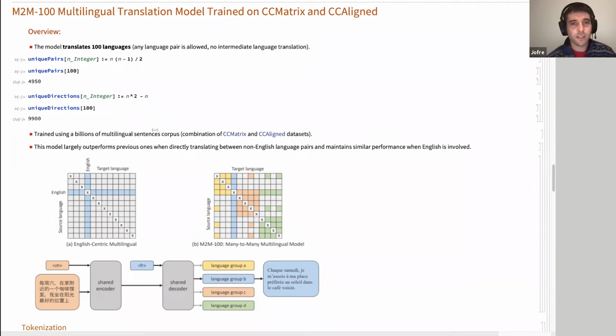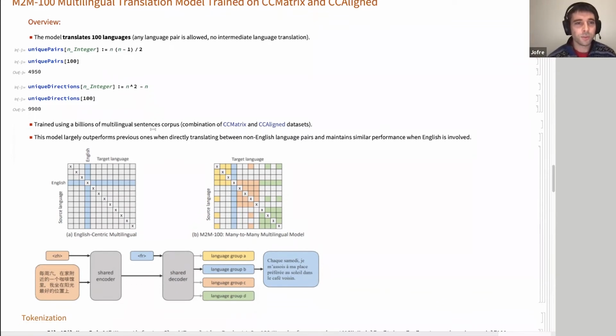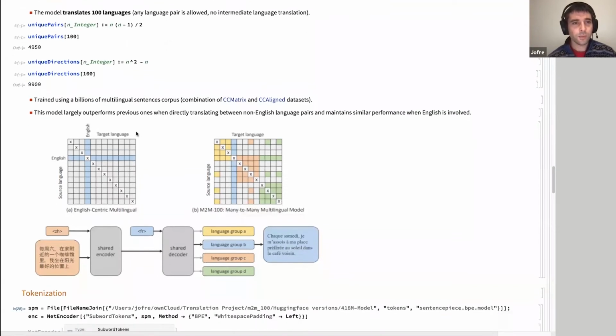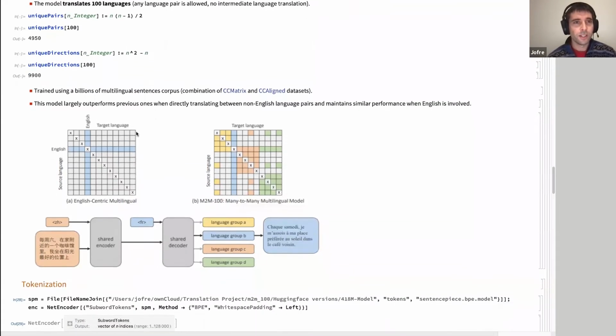The key part here was to create a training set of parallel sentences from one language to another, as well as using some techniques like back translation. And what they did is to have a large transformer model, a single model that could translate between all the 100 different language directions.